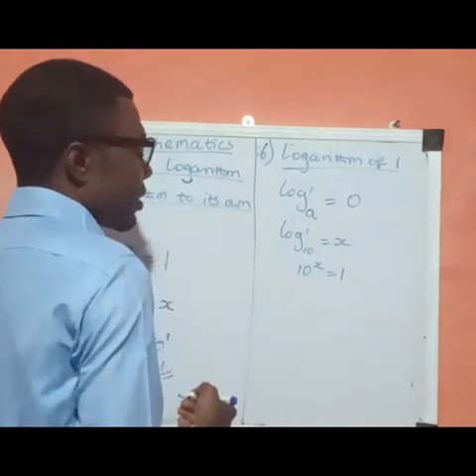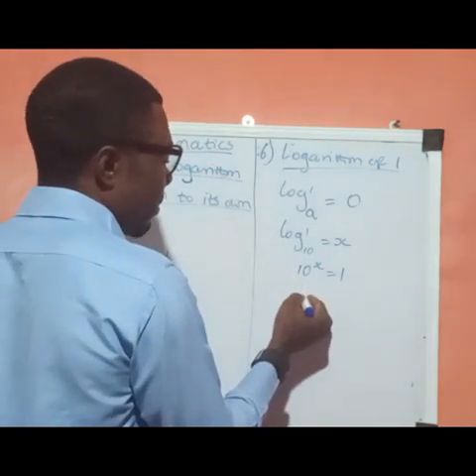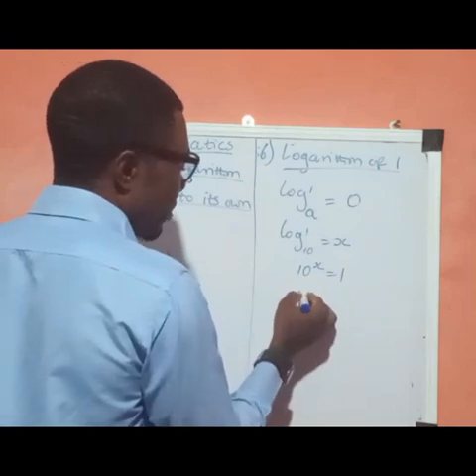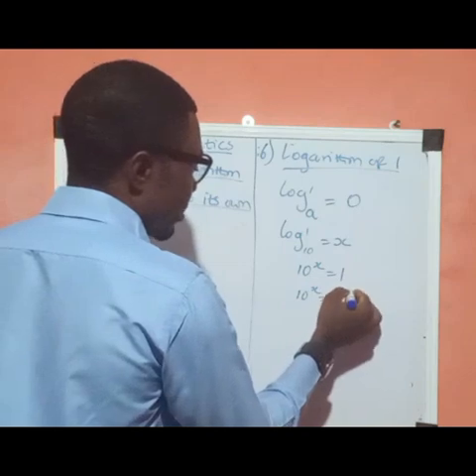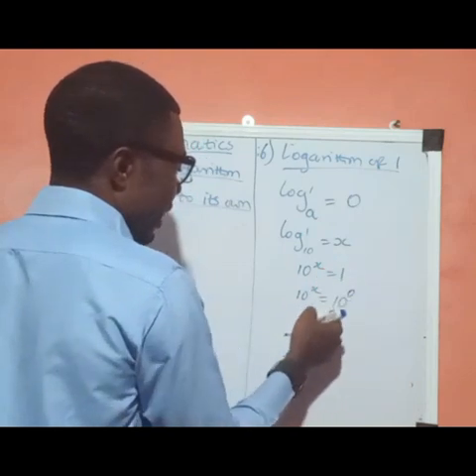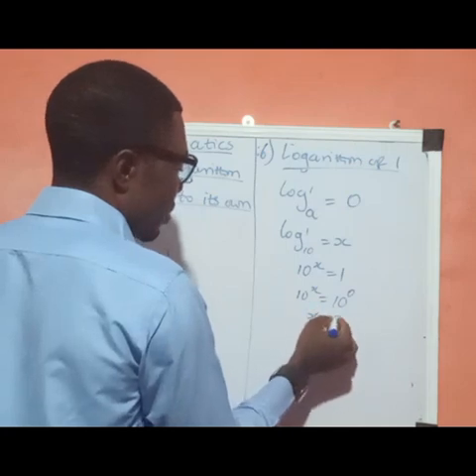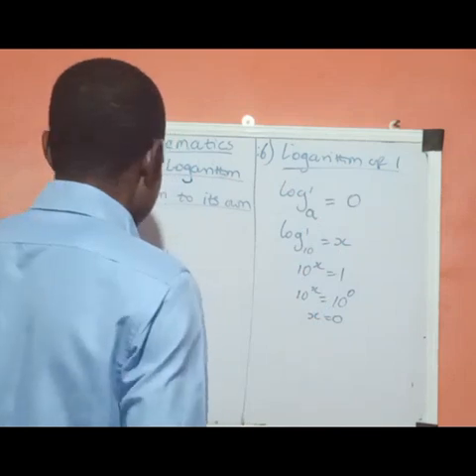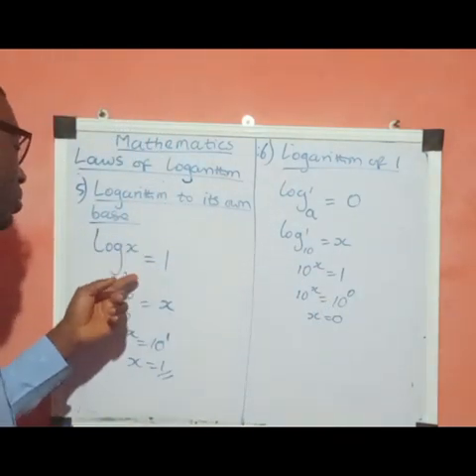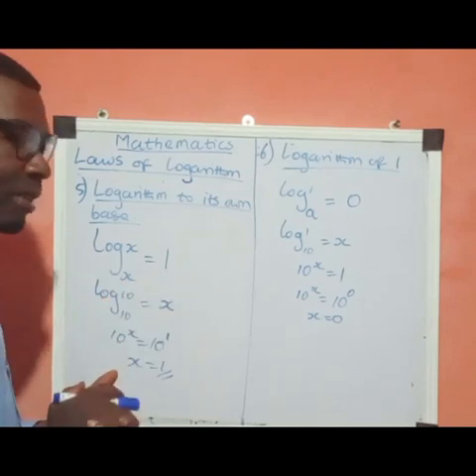And the law of indices says that any number raised to power 0 is equal to 1. So if we raise 10 to the power of 0, it should be equal to 1. And if that is the case, x is equal to 0. So the logarithm of 1 to any base at all is 0. And the logarithm of a number to its own base is equal to 1. I hope that is clear.